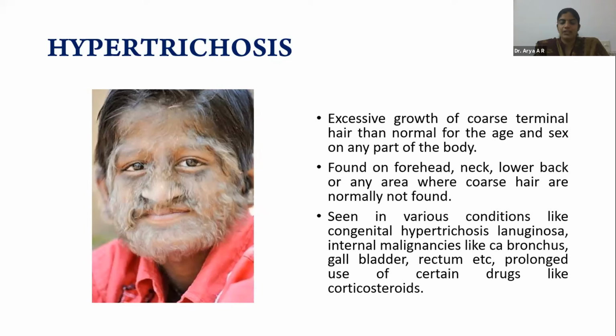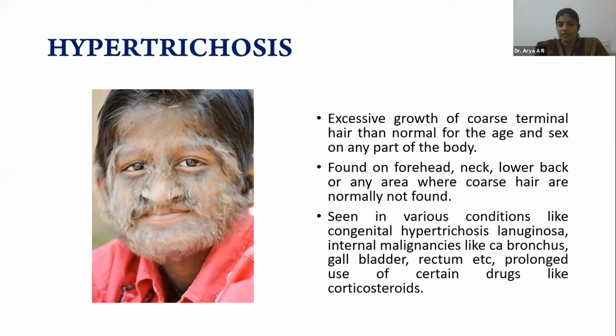It is commonly found on the forehead, neck, or any area where coarse hairs are not normally found. This is seen in several conditions like congenital hypertrichosis or some internal malignancies like gallbladder, rectum CA and all. Also while using some medications containing corticosteroids, there is a chance to develop this hypertrichosis.